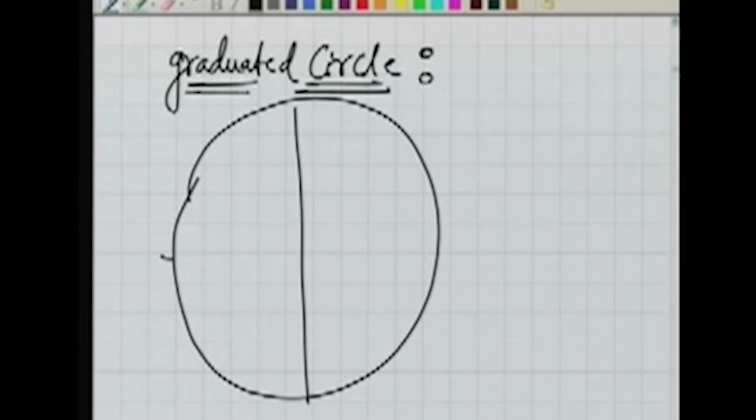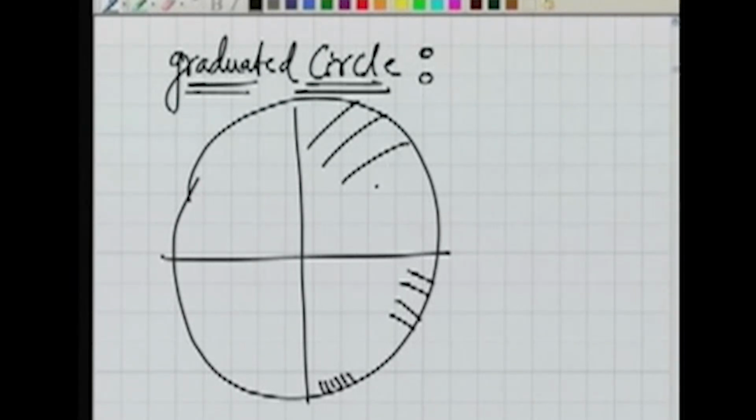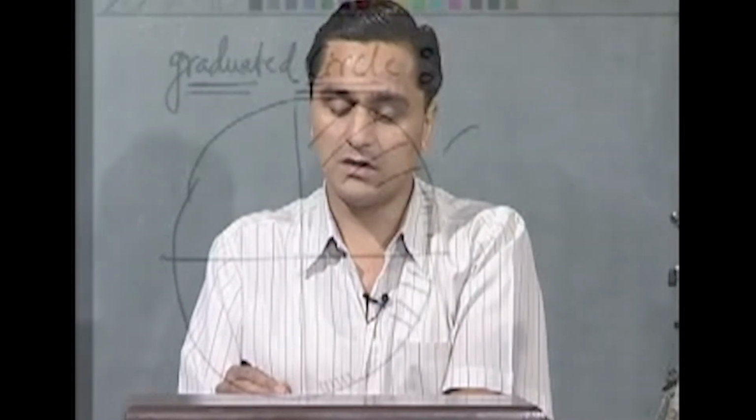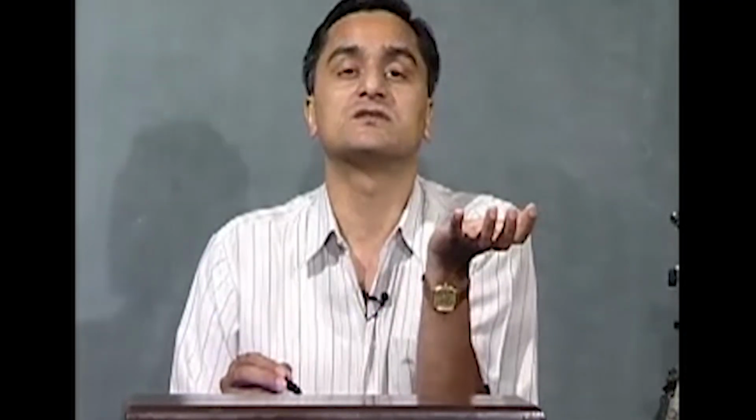We have seen this before also. Non-uniformly means the graduations are far somewhere, they are very nearby somewhere else. It might be so because this is a plate which has been manufactured. There might be some manufacturing errors.